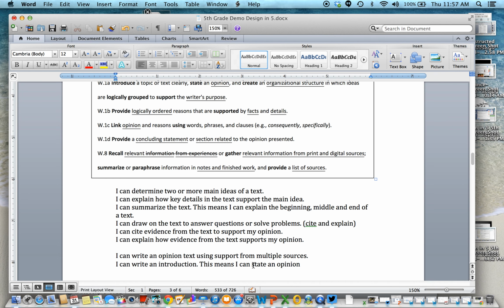This means I can introduce the topic, this means I can clearly introduce the topic, state an opinion, and create an organizational structure.